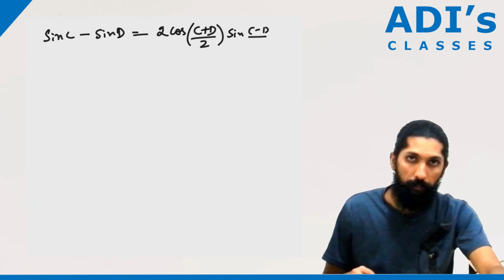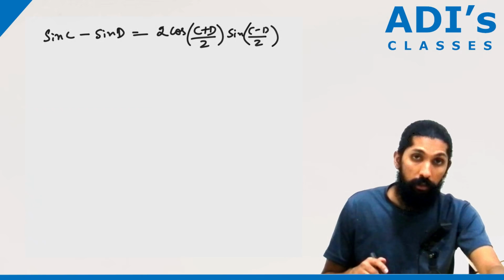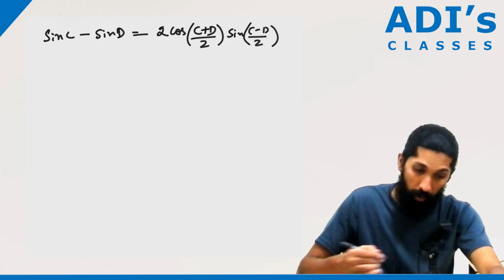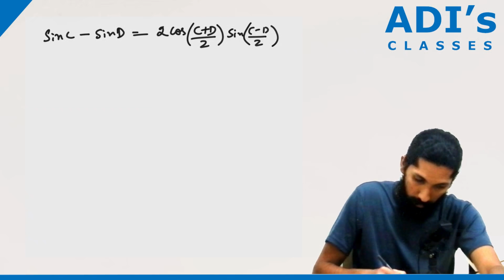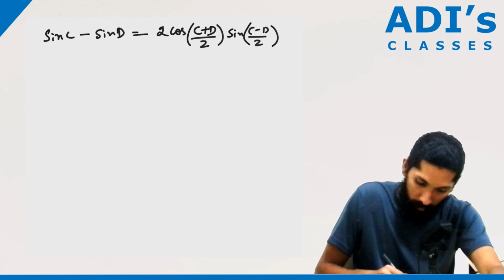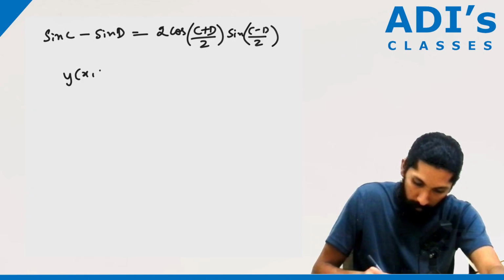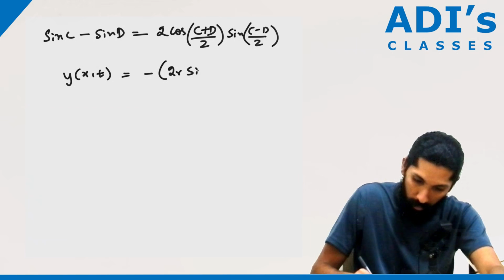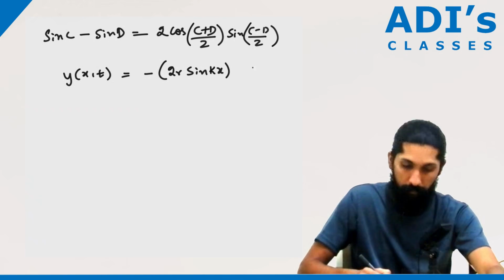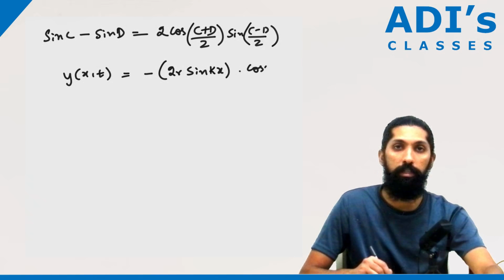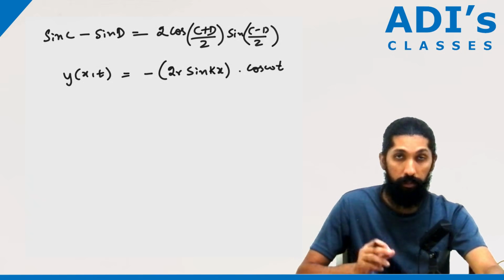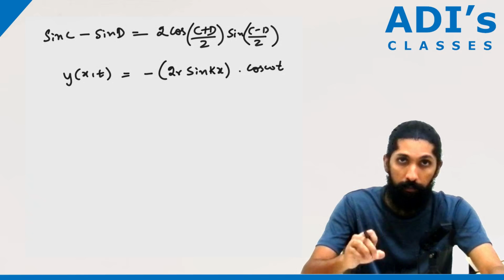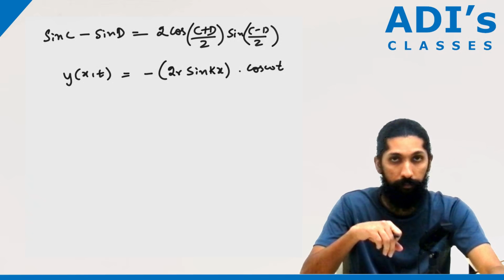Make sense? When you apply these two formulas, you get y of x comma t is equal to minus 2r sin kx into cos omega t. This becomes the net displacement of the particle in a standing wave. Let's be very, very clear, in a standing wave.